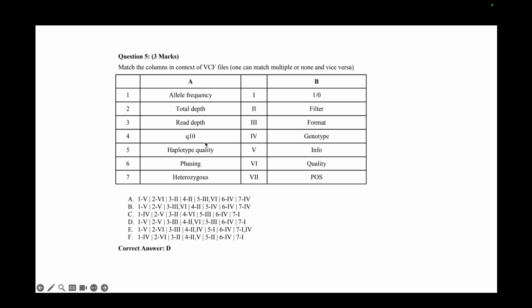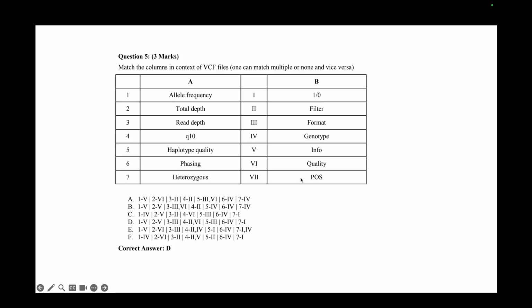Five, the haplotype quality, is present in the FORMAT column. So FORMAT will have different types of quality, which includes normal variant quality and the haplotype quality as well. And phasing is given in the genotype. Okay, so phasing and genotyping is okay. But for the seventh one, I think it should be both one and six.